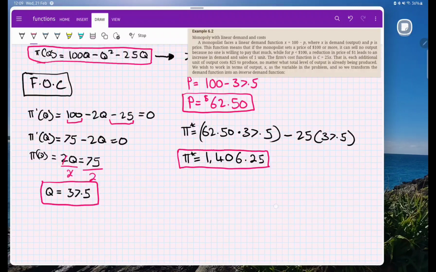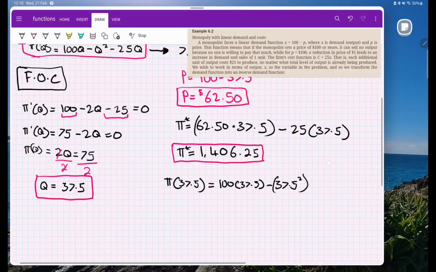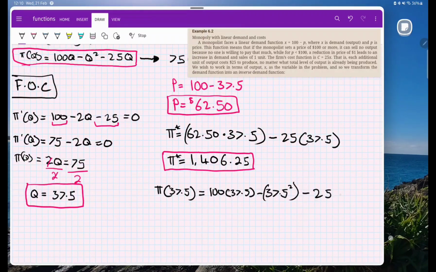So if you were to write profits with respect to 37.5, it's 100 times 37.5 minus 37.5 squared minus 25 times 37.5, you would get the exact same answer.